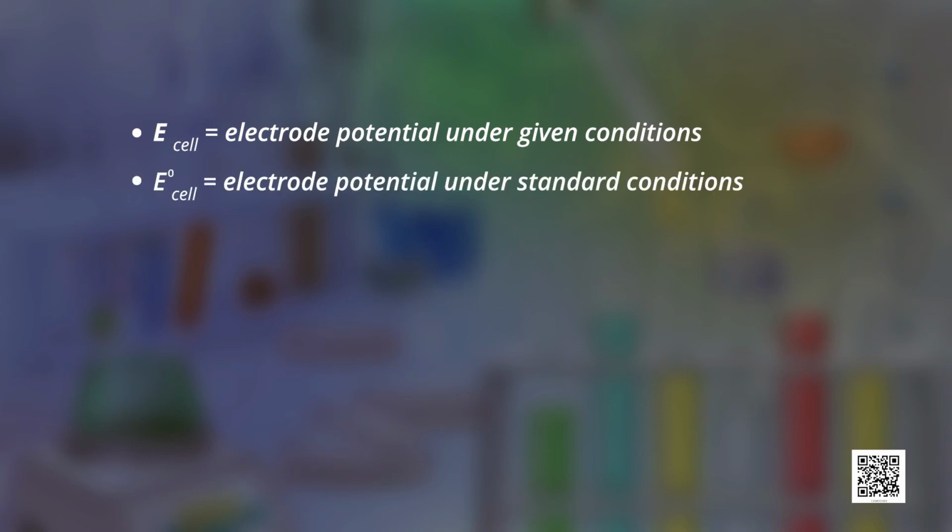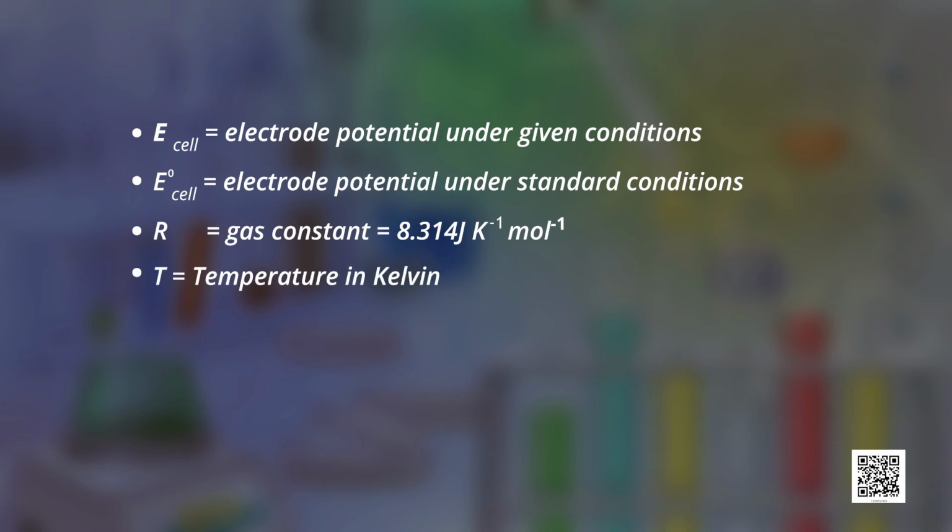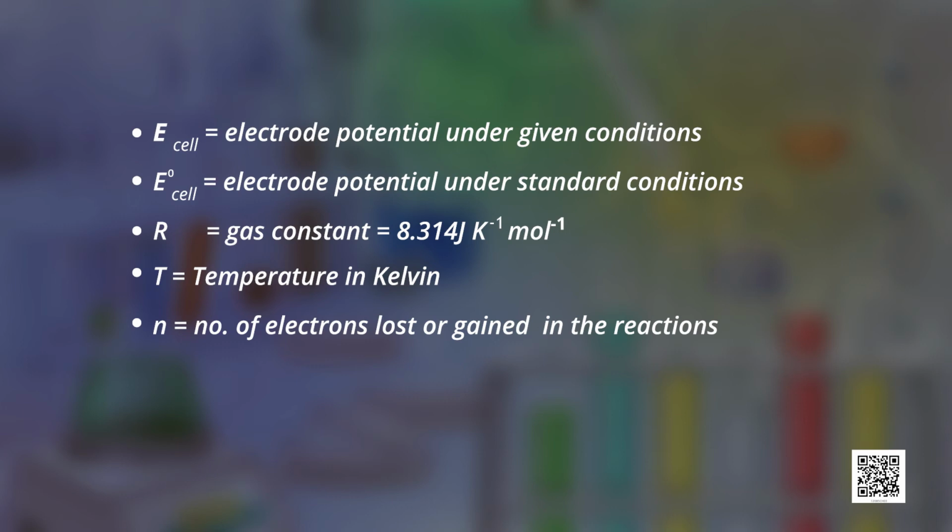E naught cell is equal to electrode potential under standard conditions, R is gas constant which is taken as 8.314 joule per Kelvin per mole. Temperature is T which is measured in Kelvin. n is the number of electrons lost or gained in the reaction. F is the Faraday constant which is taken as 96500 coulomb per mole.